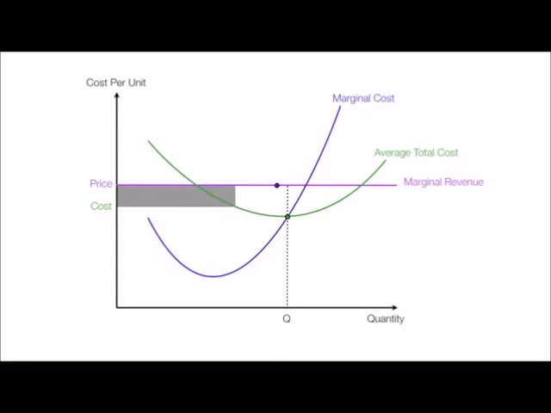So at this point in time, I'll move those over, you'll see that cost goes down even a little bit further, and so the new profit is that large gray rectangle. Let me draw that back in like that. But in economics, we say profit is maximized where marginal cost equals marginal revenue, or this point right here.